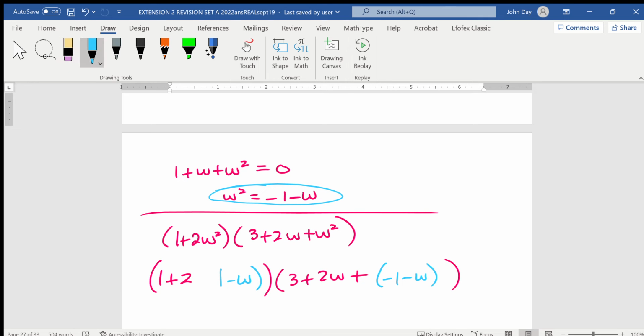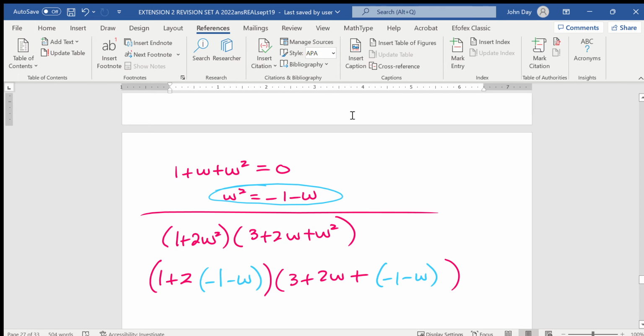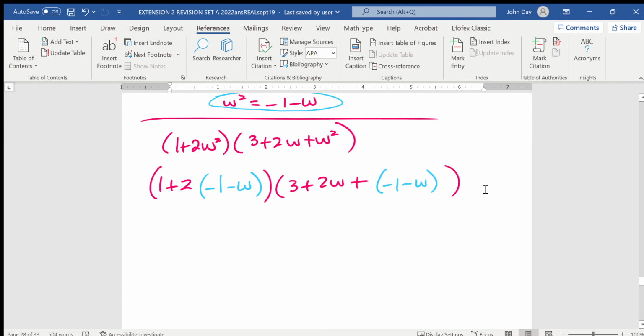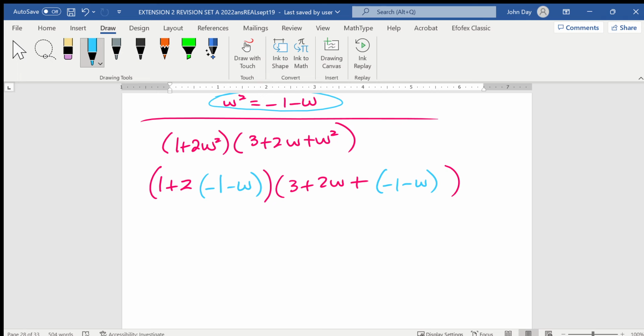Now this is probably not the only way to do this, but I'm saying when you come across these, you've got to use the information to perform some substitutions and simplify your expression. So now I'm just going to go through and do a bit of a simplification on this. I end up with 1 minus 2 minus 2w brackets 3 plus 2w minus 1 minus w.